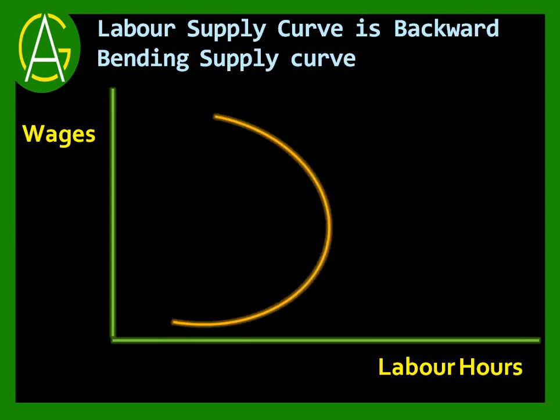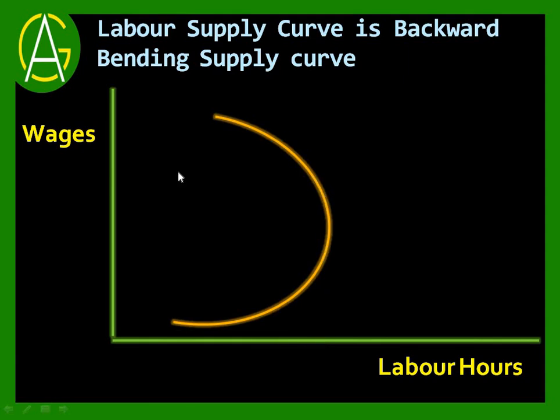As you can see, initially as the wage rate increases, the supply of labor goes on increasing up to a particular level. Up to this point, the supply of labor, the hours of labor, has increased.